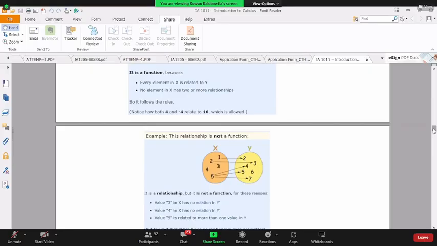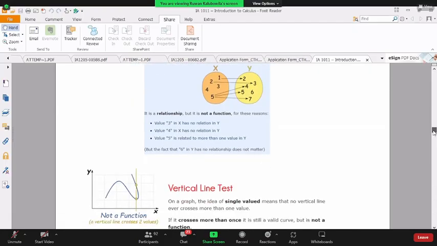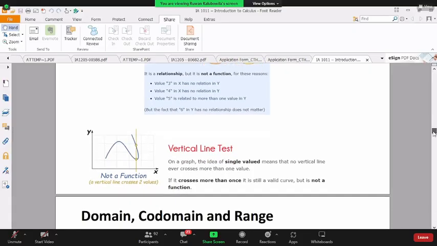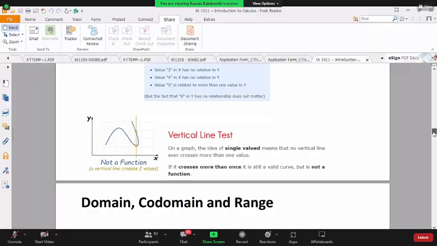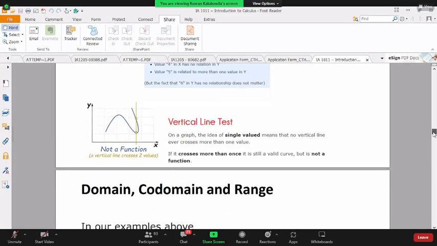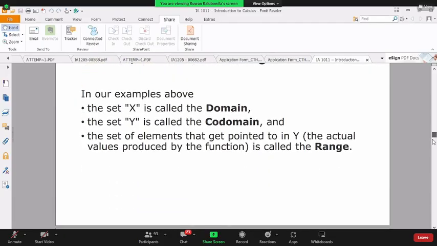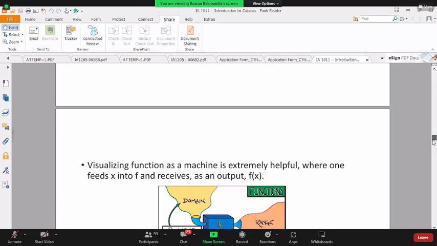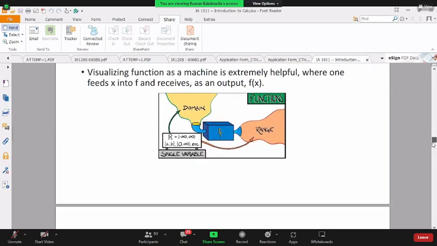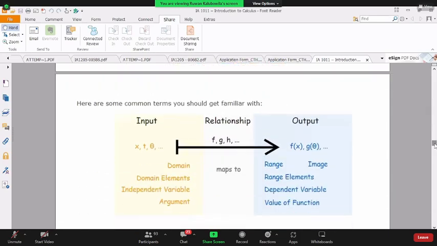We talked about those. There is also a simple test to find out if something is a function or not. We call that the vertical test. That's what we have done.